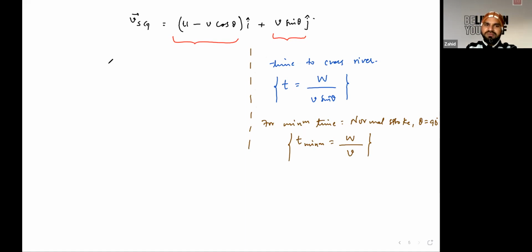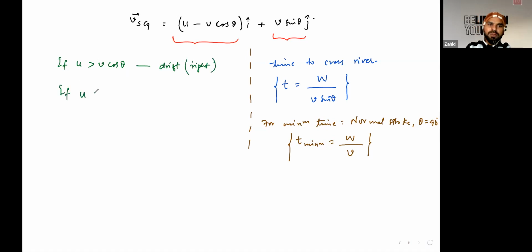So you may define three different cases. First, if u is greater than v cos theta, it means the stream flow of the river has larger velocity compared to v cos theta, so it will be responsible to drift the swimmer towards right. So drift towards right.